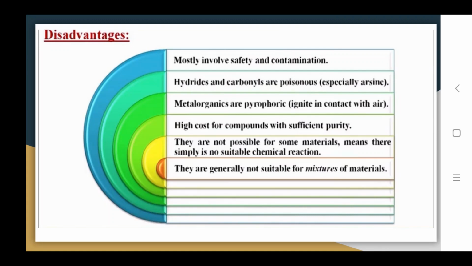Then next, the metal organics are pyrophoric, they ignite in contact with air. Then high cost for compounds with sufficient purity. Then it is not possible for some materials, meaning there is simply no suitable chemical reaction, and they are generally not suitable for mixtures of materials. So these are some of the disadvantages.